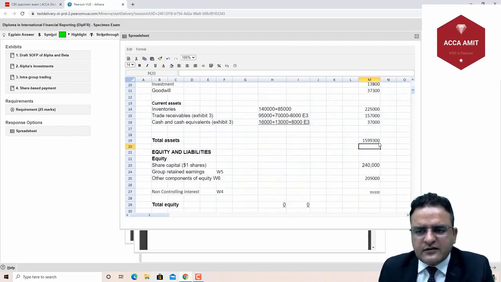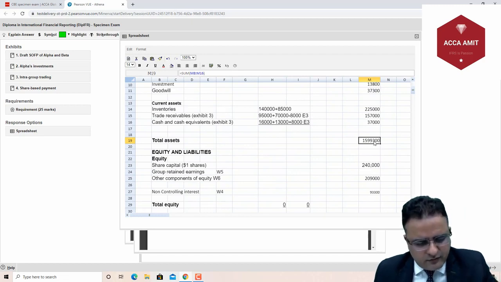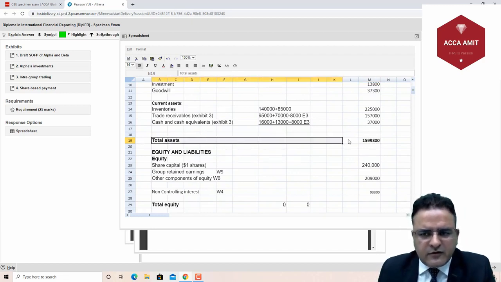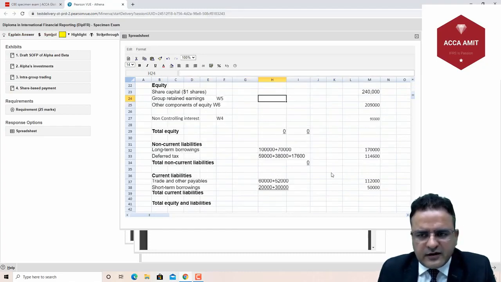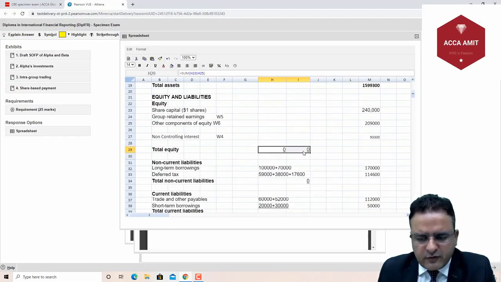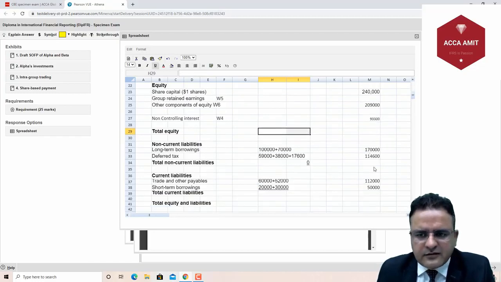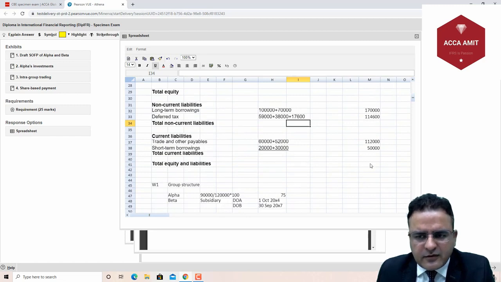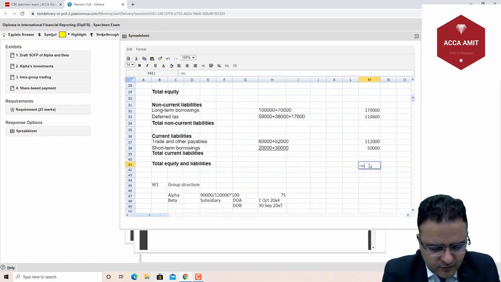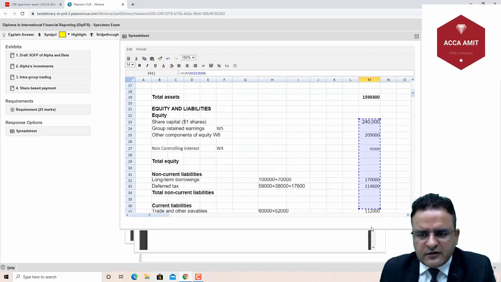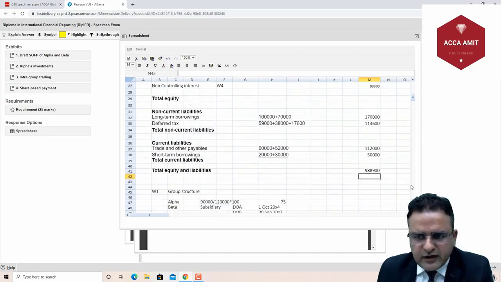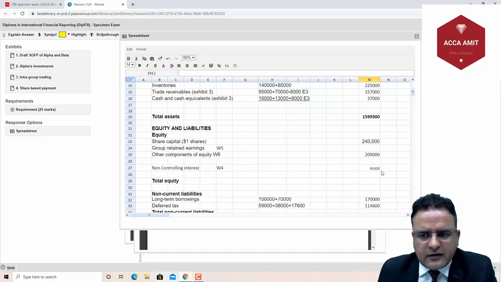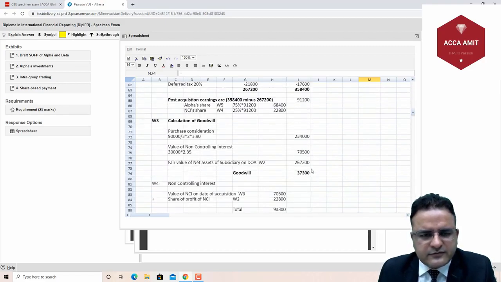The total of all these figures is 1599300. This is the total value of all assets. And the total value of liabilities, total value of equity plus liabilities, current liabilities is equivalent to the sum of all these figures, which is equivalent to 988,900, in which we have to include group retained earnings of working note number 5.